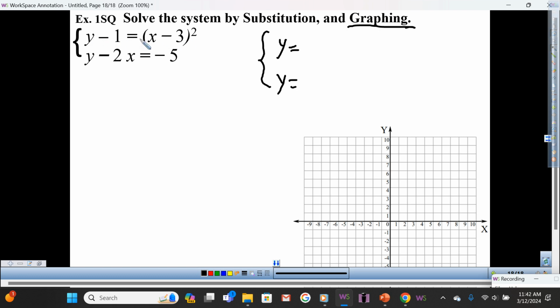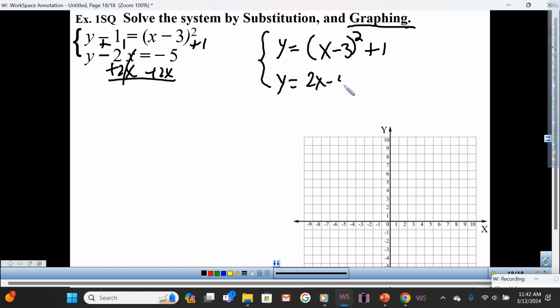Yeah, plus 1 to both sides. So we end up with parentheses x minus 3 squared plus 1. This bottom one, what do I need to do to set it equal to y? Plus 2x. So that means we end up with 2x minus 5.